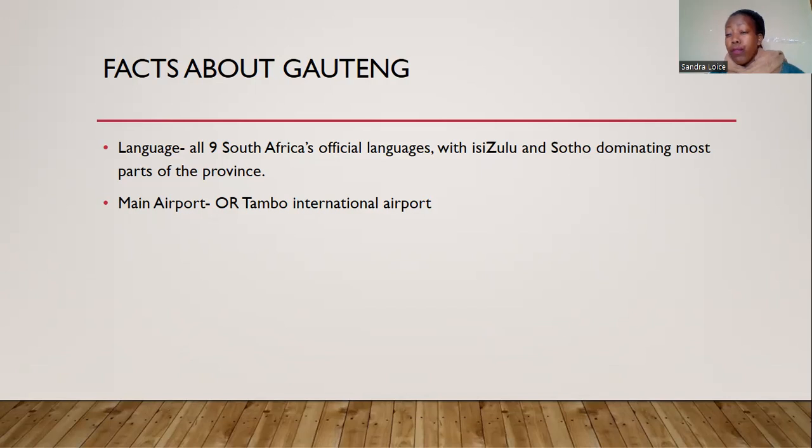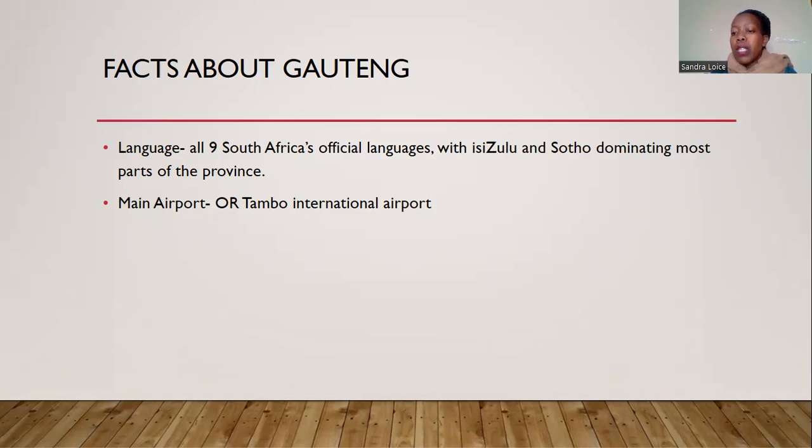There's also a large number of foreigners. So we also have your Nigerians here, we have your Zambians, many people from very beautiful different African countries and internationally. The other fact about Gauteng is that its main airport is OR Tambo International Airport.